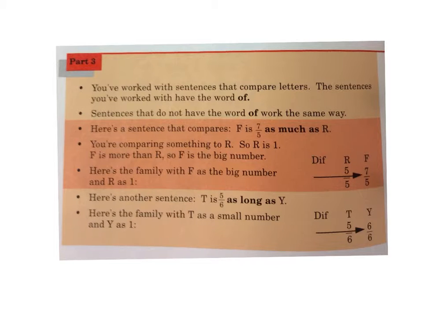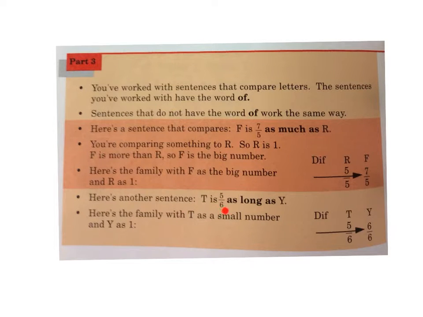And since we know that F is more than R, because the fraction that they gave us is more than 1, that makes F the big number. And then I'm able to figure out the fraction number family to figure out what the difference between the two is.